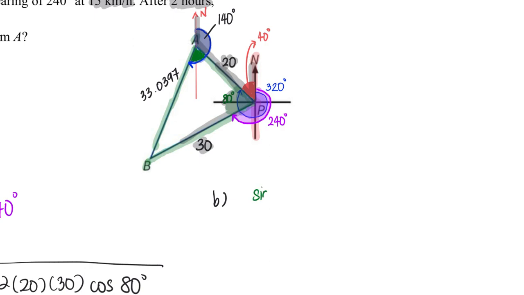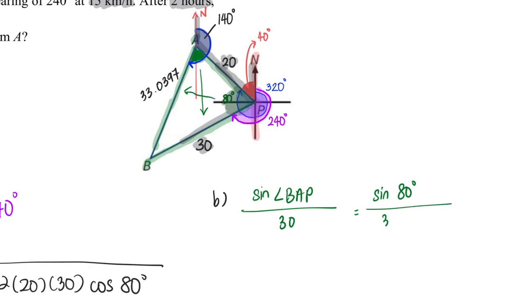So sine of angle BAP over 30 is equal to sine of 80 degrees over 33.0397.